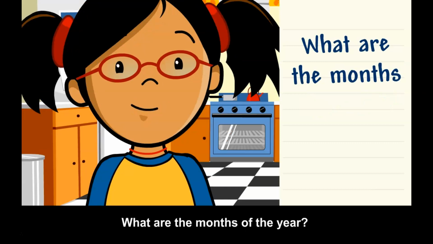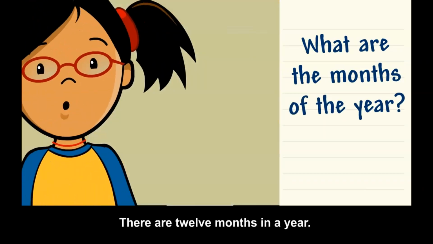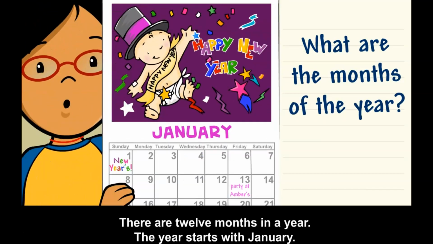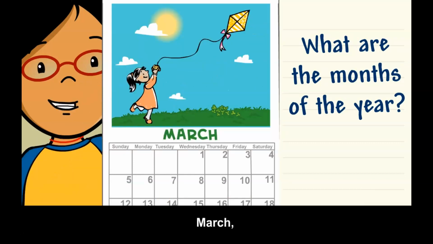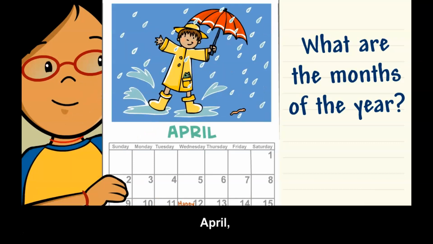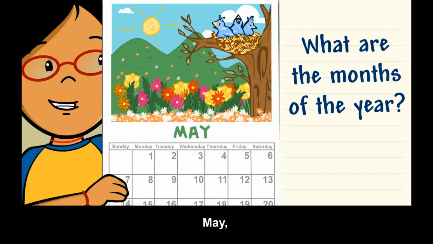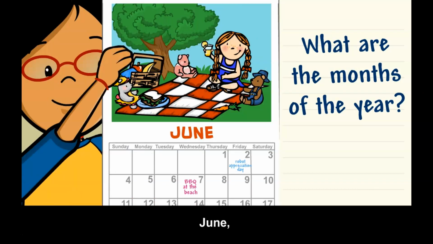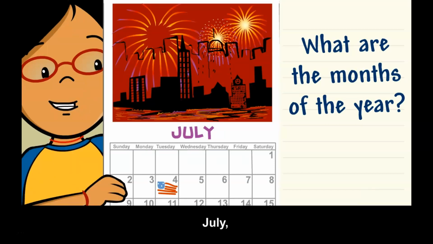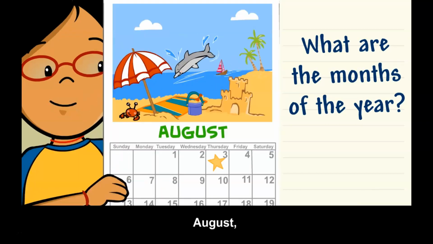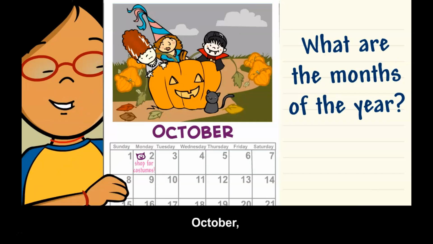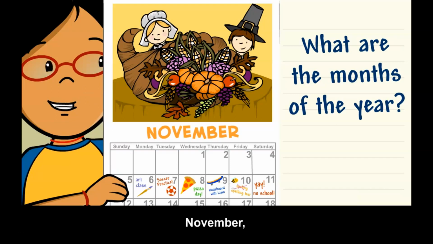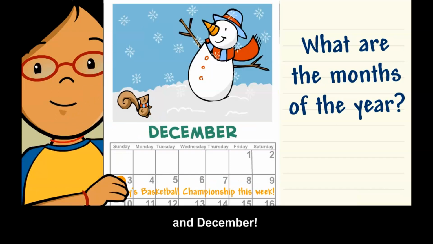What are the months of the year? There are 12 months in a year. The year starts with January. Then there's February, March, April, May, June, July, August, September, October, November, and December.